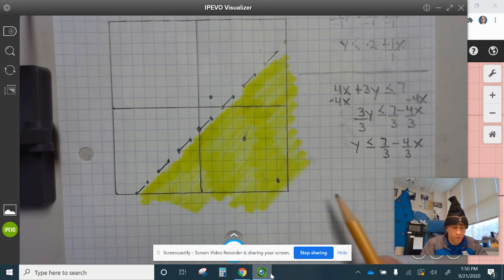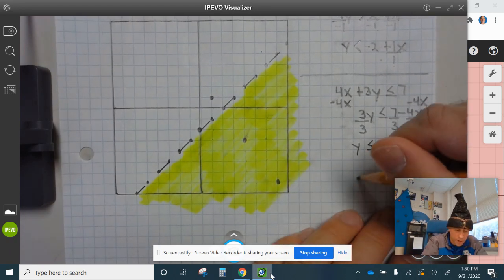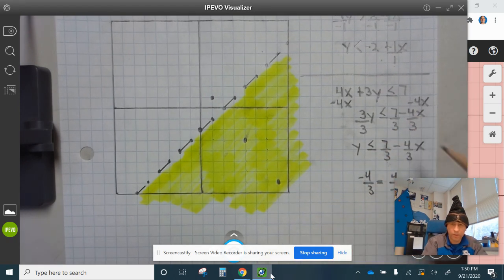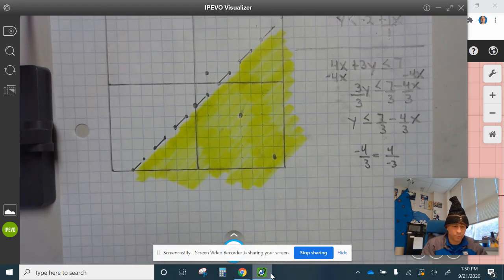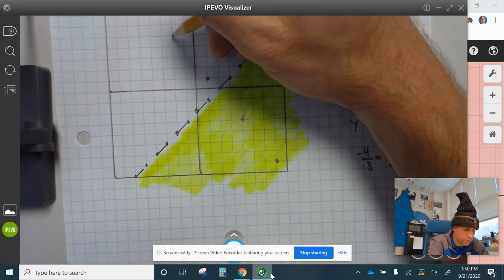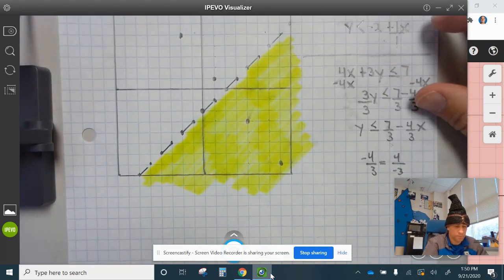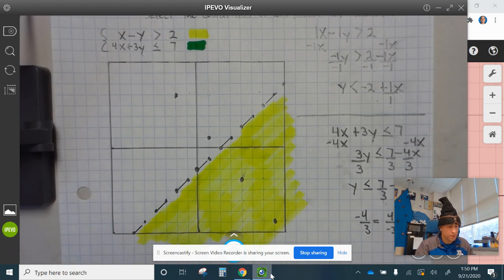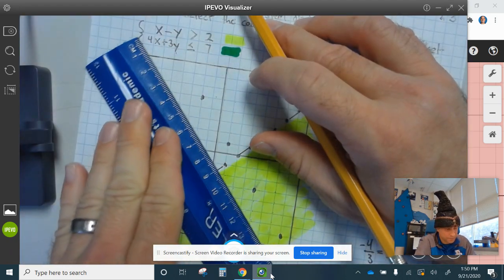And so now we can go. We know that negative 4/3 is equivalent to 4 divided by negative 3. So for the next point here, we can go up 1, 2, 3, 4 to the left 1, 2, 3. Okay. Now we have our points. There's a line underneath, so it's a solid line.